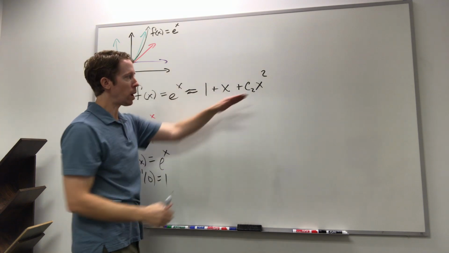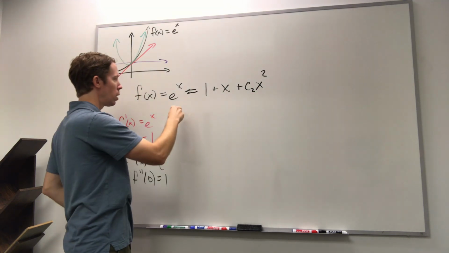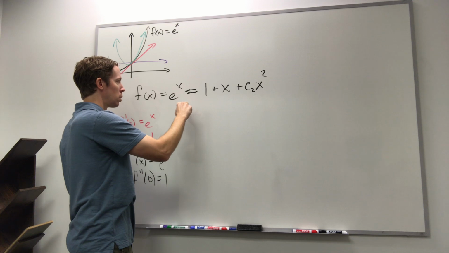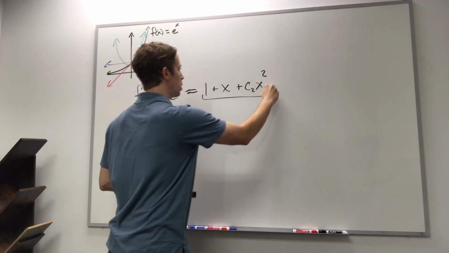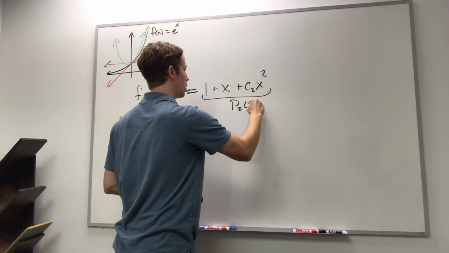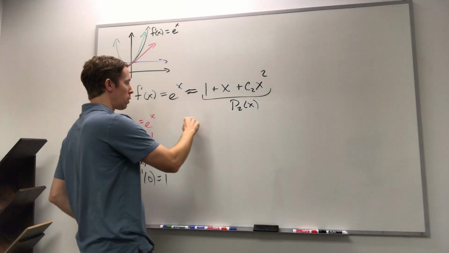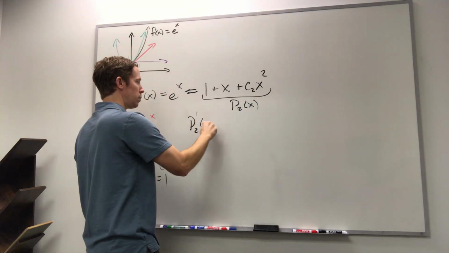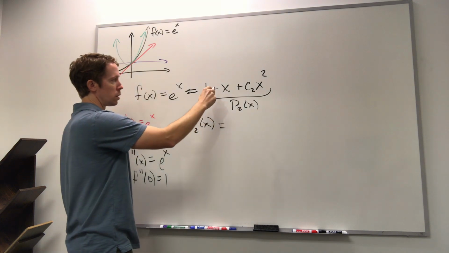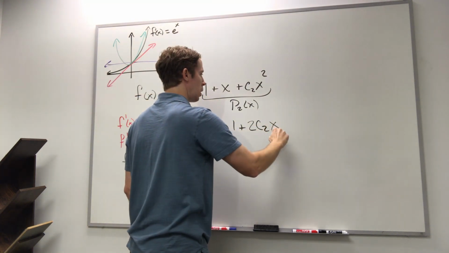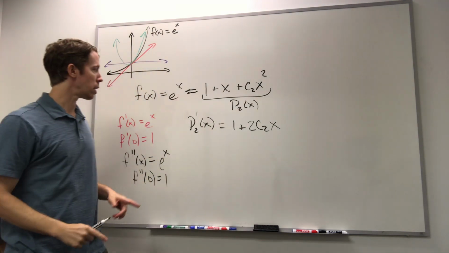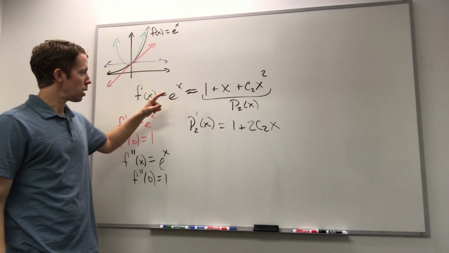Notice, even when I put this extra piece on here, my first derivative, let's call this p2 of x, the first derivative of that thing is 1 plus 2c2x.